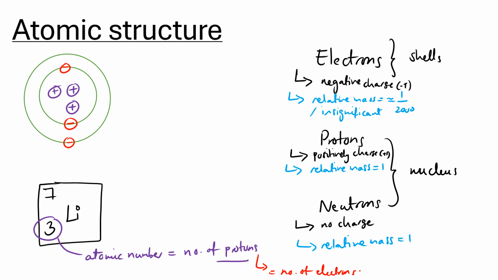So these 3 electrons, and remember they're found on the shells. Now the thing I'm missing is the neutrons, and this 7 is going to come in handy to calculate how many neutrons are present. Now the 7 in this case refers to the mass, the atomic mass, or the mass number of lithium.